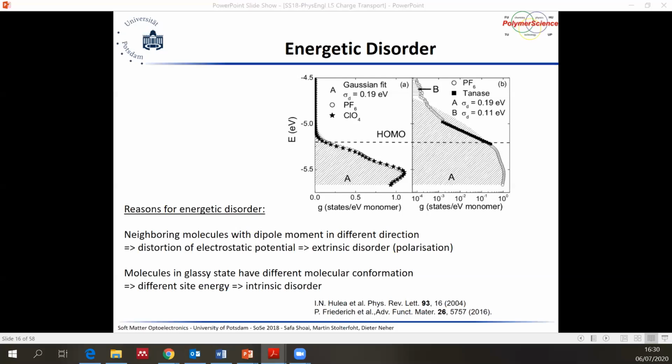So you might be asking, why do we have energetic disorder? Why do we need to use a Gaussian distribution? The reasons for energetic disorder are numerous. For instance, neighboring molecules have different dipole moments in different directions.